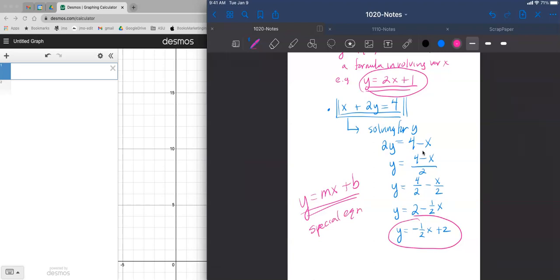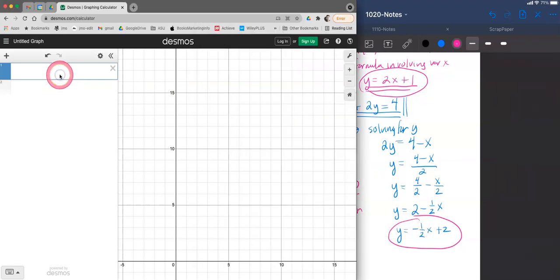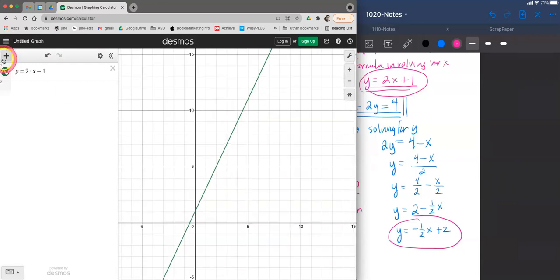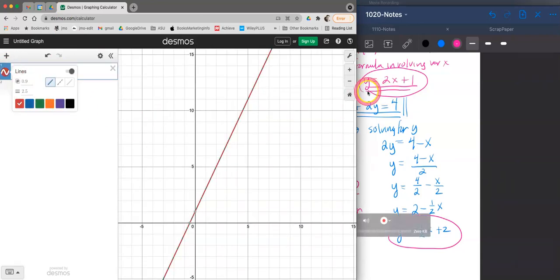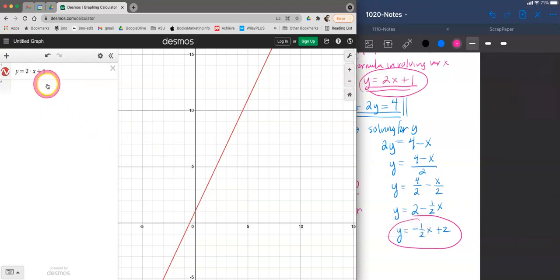Now we can see, for example, that once you have a formula, one can put those formulas into Desmos. One can put y is equal to 2 times x plus 1, and we can see that that first function, let's call it red, this one up here, looks like a line. One can find some solutions to this equation.